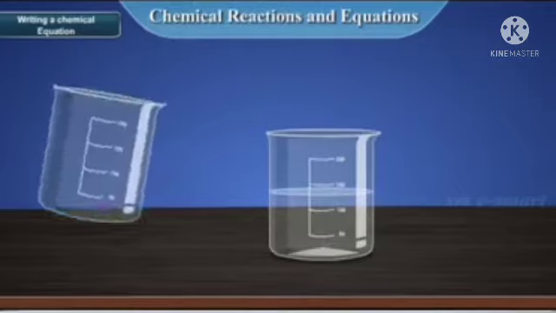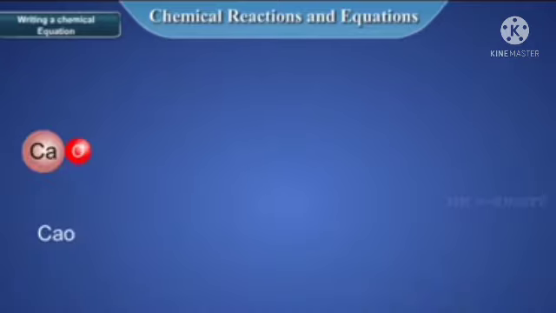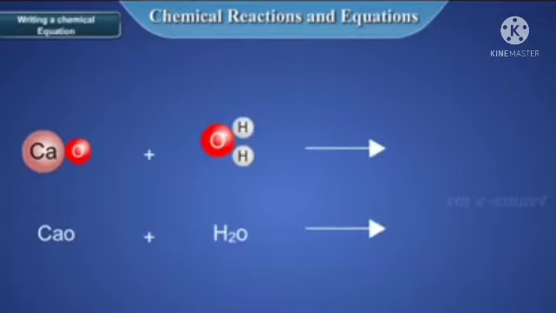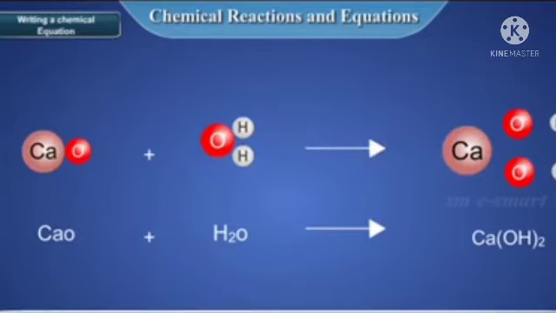Calcium oxide is CaO, water is H2O, and the compound formed by the reaction of these two compounds is calcium hydroxide, Ca(OH)2. CaO, calcium oxide, plus water molecule gives calcium hydroxide, Ca(OH)2.